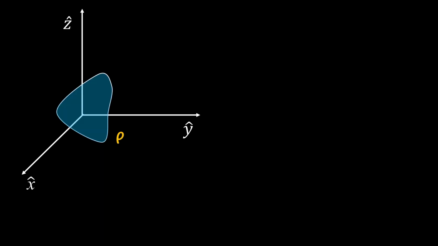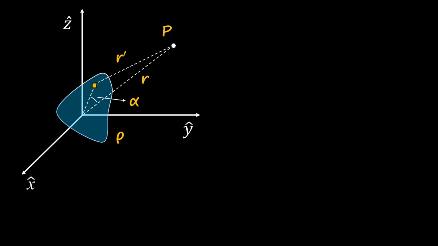Suppose you have a continuous charge distribution of volume charge density rho, and you are interested to find the potential at a point P, which is at a distance r. Then we can take a small volume element, and from the volume element to the point P, the distance is r prime, and this volume element makes an angle alpha with the position vector r.